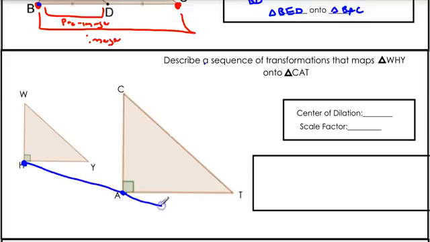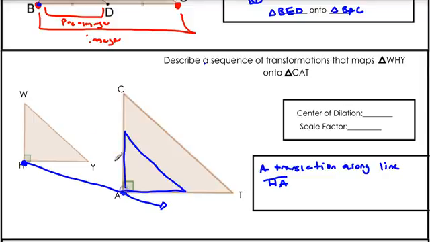That will put them on top of each other. When I translate it like that, it will look like so. This is W, this is H, or A, doesn't matter, Y.